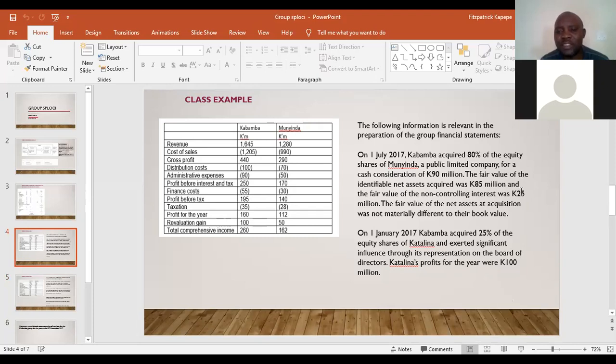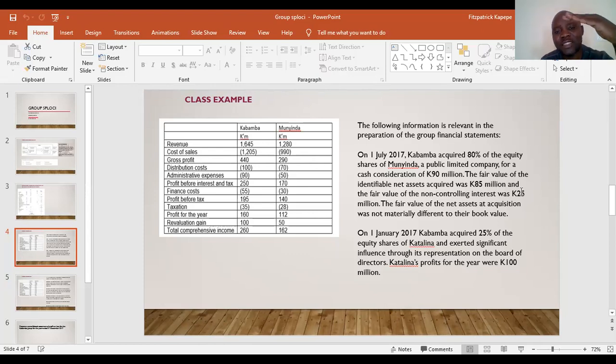So it's 25 plus 90, because you have cash consideration of 90 plus 25 NCI. How much does it give you? 115. 115 minus the identifiable net assets at acquisition. It cannot give you 10. It's not possible.